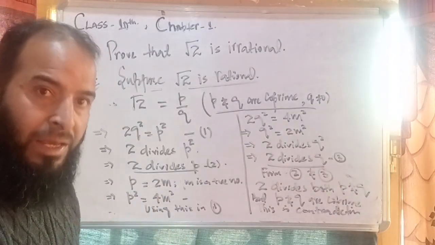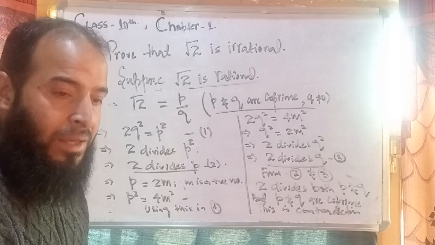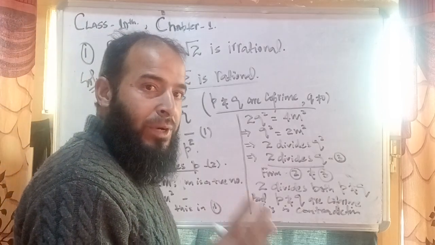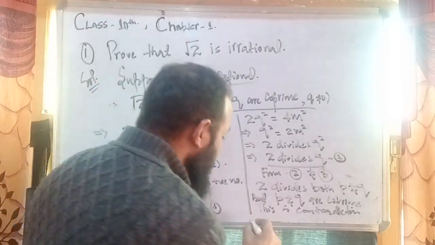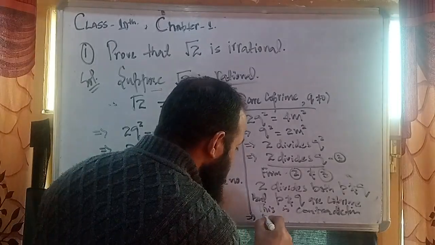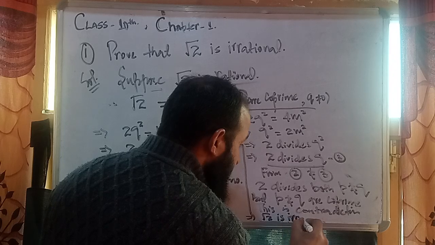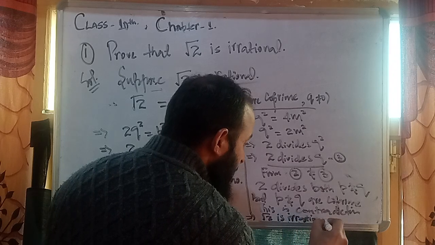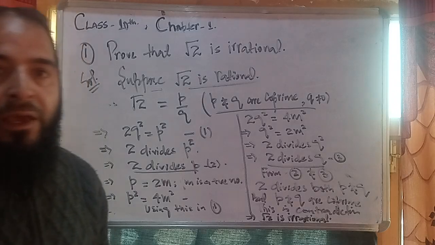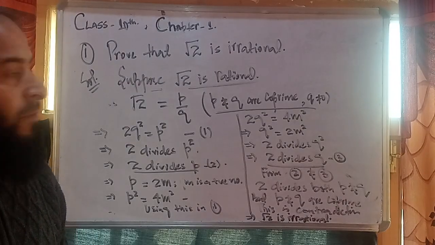Root 2 will be irrational, which implies root 2 is irrational.